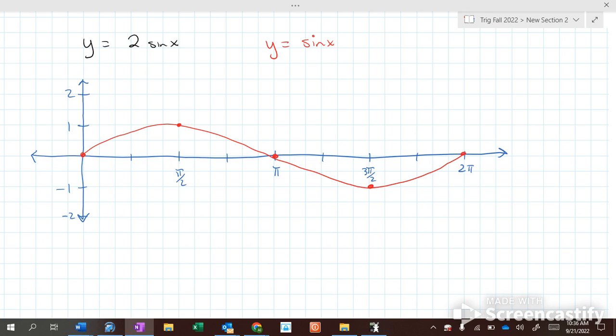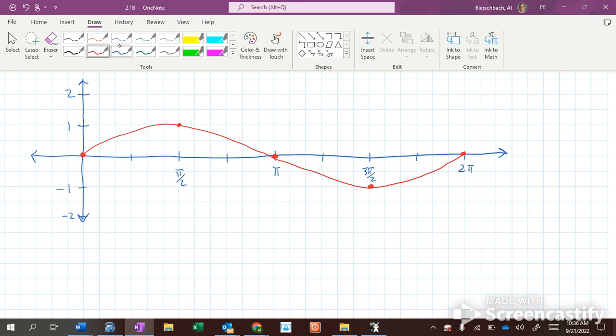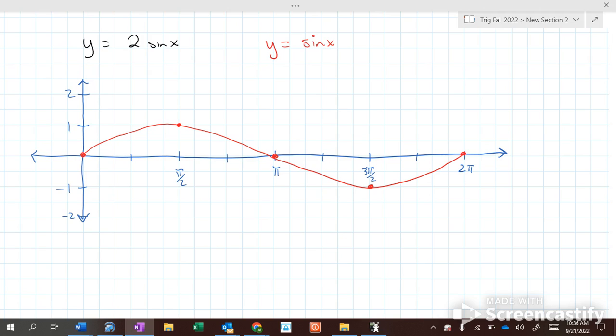Now we want y equals 2 sine of x. So I'm going to change my color. The 2 deals with the amplitude. It's going to be 2 times whatever the y value is. What's 2 times 0? 0.